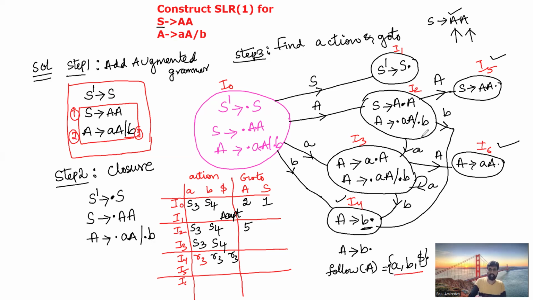Okay. So next one, what we have is S tends to AA dot. What is this? It is the final move. When you observe S tends to AA dot, we will find the follow of capital S. How do we find the follow of capital S?